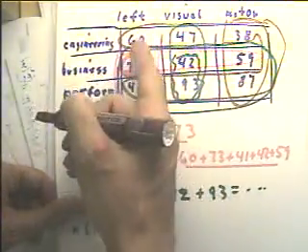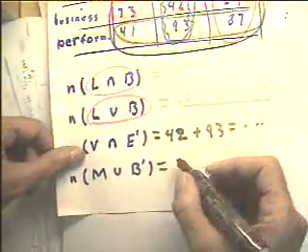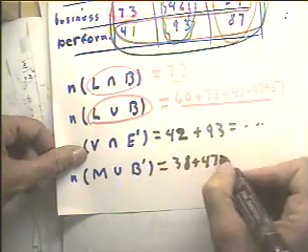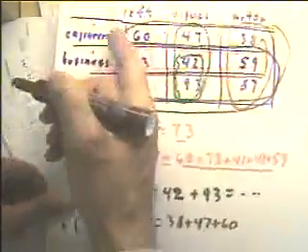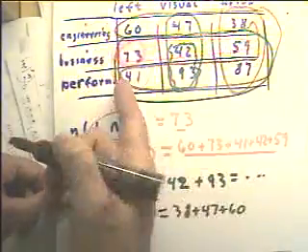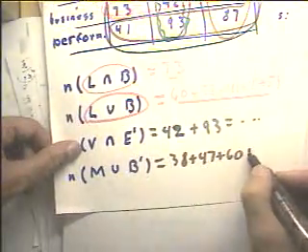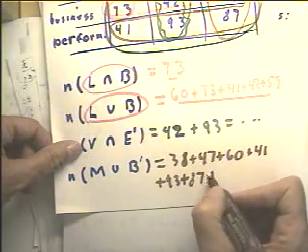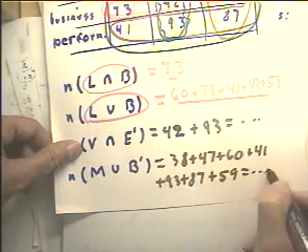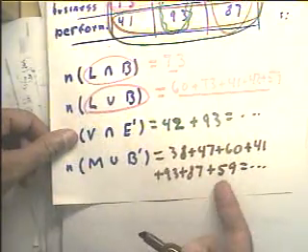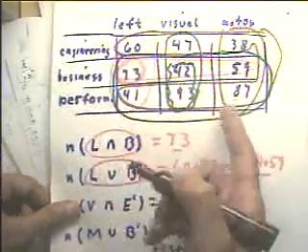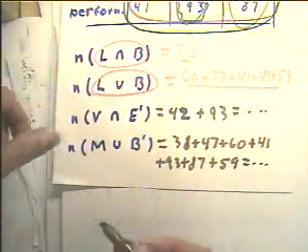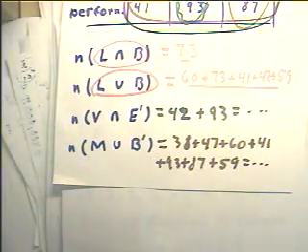Well, we're going to add the 60, the 47, and the 38 because they're all part of the B prime, and the 41 and the 93 and the 87. And then the 59. We have to add all those together. And then we have the number in M union B prime, or the cardinality of the set M union B prime.